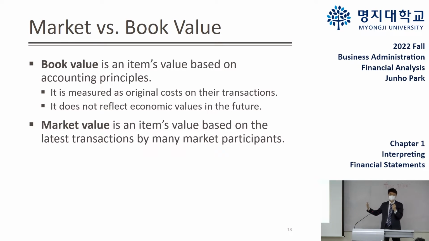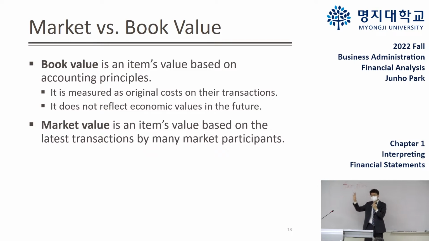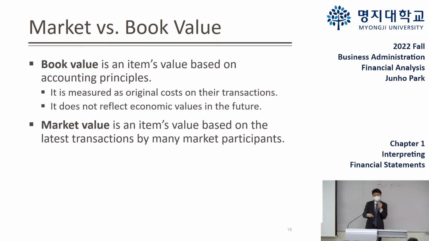However, one way to estimate it or get a closer approximation is to rely on market transactions. Because in the market, there are a lot of people buying and selling items similar to your item, so you can learn from others what they are thinking about the true value of this item.